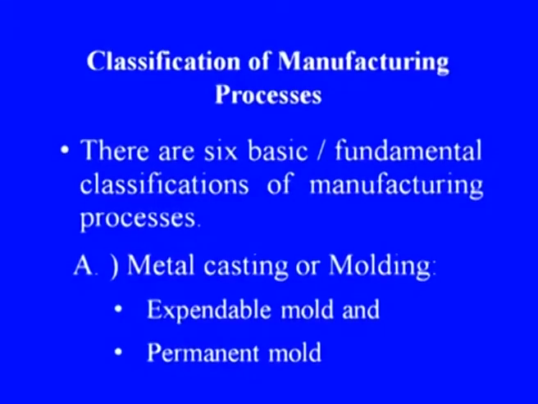There are 6 basic or fundamental classifications of manufacturing processes. The first, metal casting or molding. There are 2 different approaches in this. Number 1, expendable mold, and number 2, permanent mold.